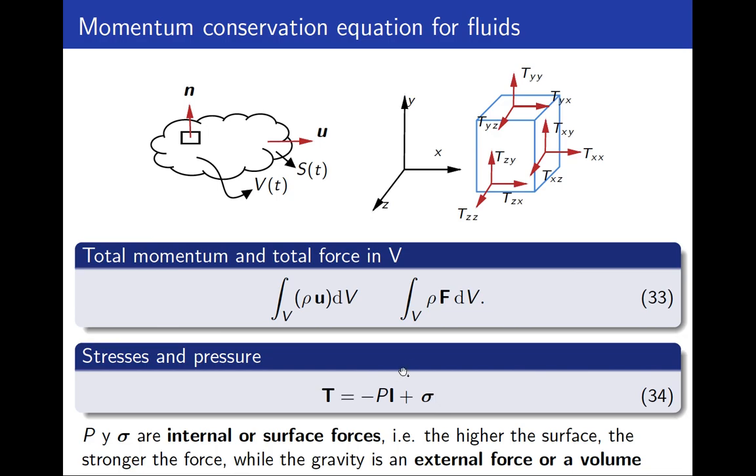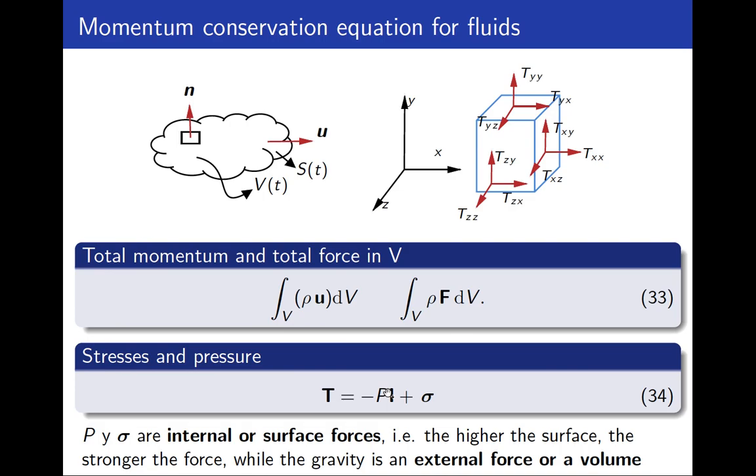So also, I want to mention why these two contributions are important. The stress tensor of the fluid is associated with the dynamic part. So when the fluid is in flow, when the fluid is moving, this quantity is going to be more relevant. But when the fluid is at rest, we only have the pressure term.